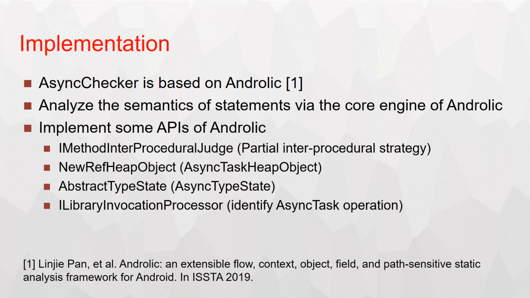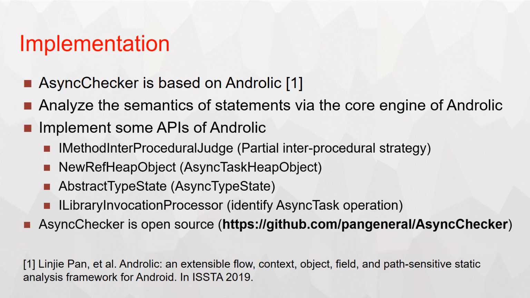For example, we support partial interprocedural strategy by implementing this interface. To support type state analysis, we define subclasses to denote async task object and its state. To identify async task operation, we implement this interface to process library method invocation. Async Checker is totally open source. Welcome to download.